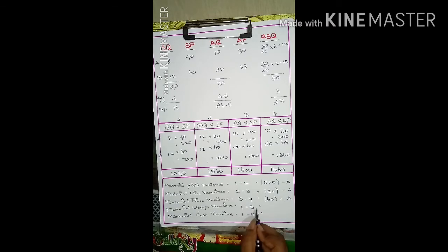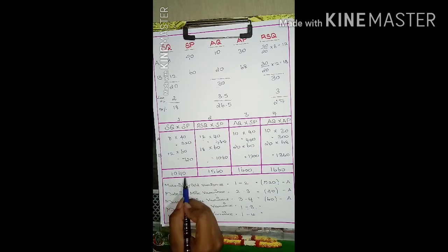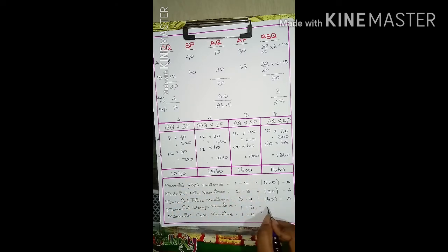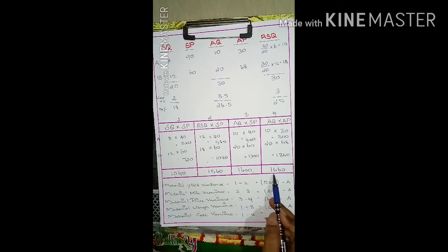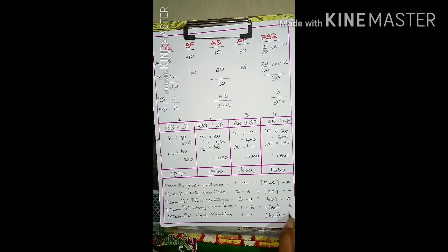And 1 minus 3, usage variance, 1040 minus 1600, it's 560 negative, also adverse. And 1 minus 4, 1040 minus 1660, it's 620, and it is also adverse. All the variances are negative. Therefore it indicates the inefficiency of the organization.